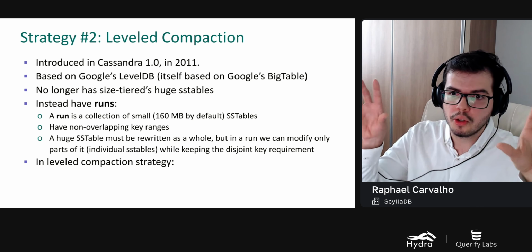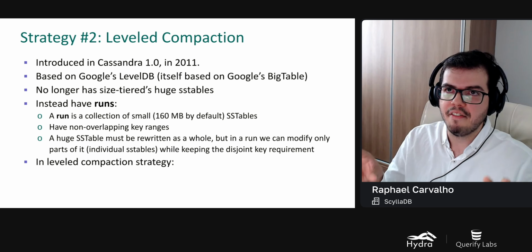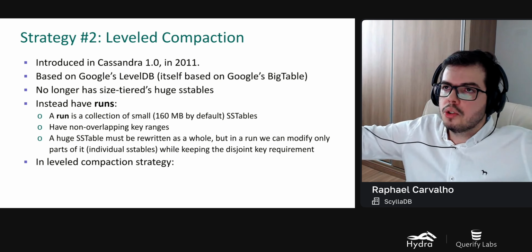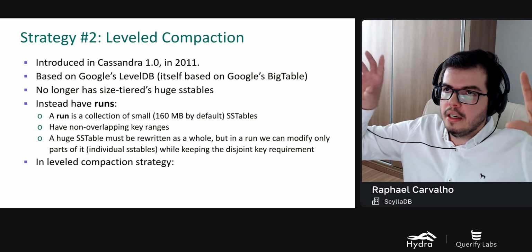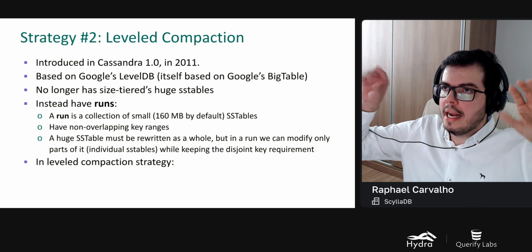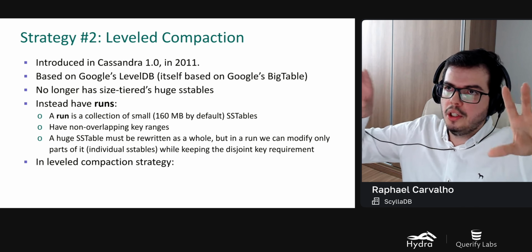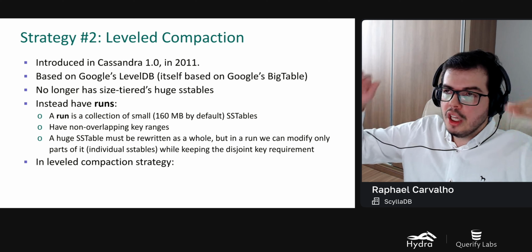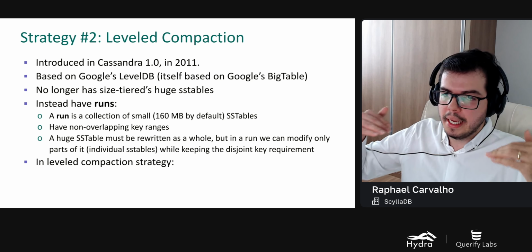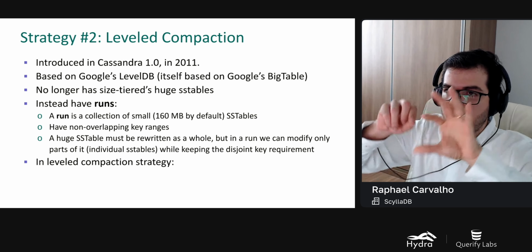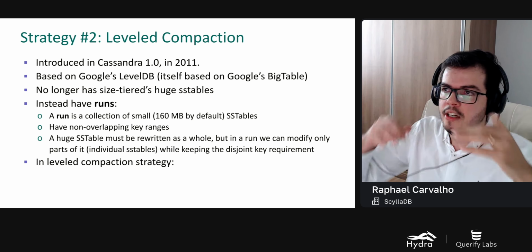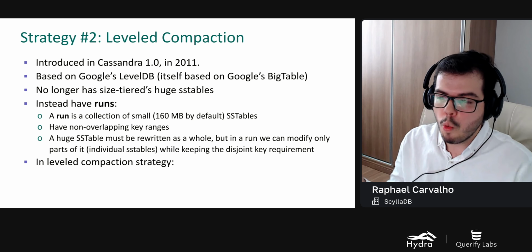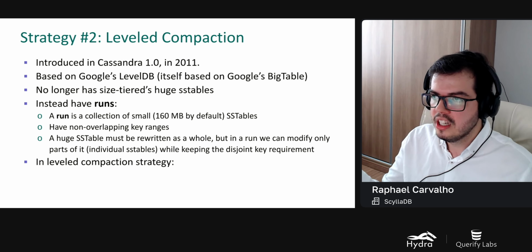Basically, we are only going to have one run of files in a given level. We can think of a level like a tier, but we use the term level because the scope is leveled compaction. So each level in the LSM-tree data layout is going to have a run, which is a sequence of disjoint files, meaning that in level 1, we are going to have 10 files.